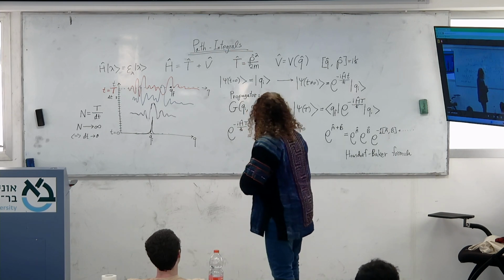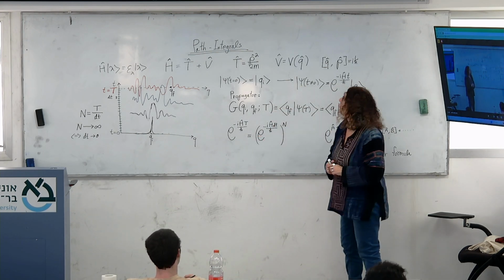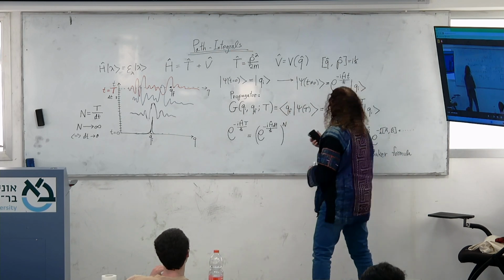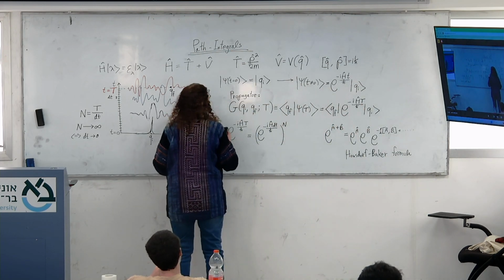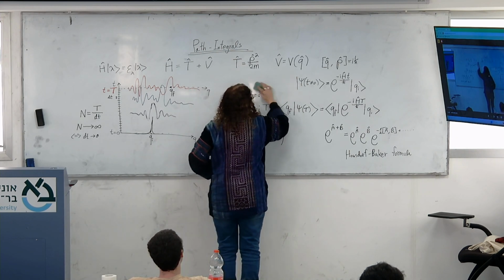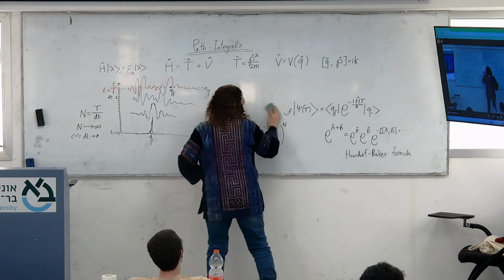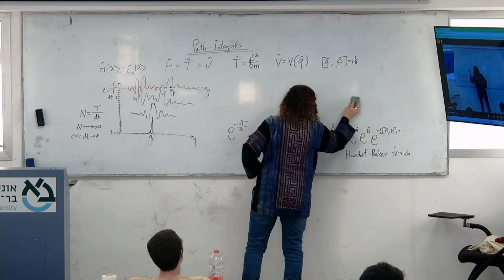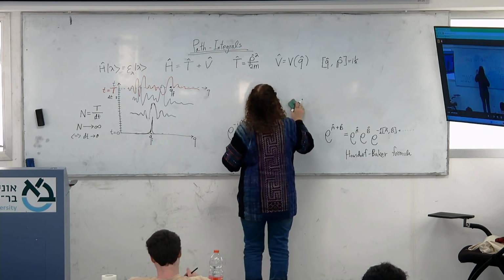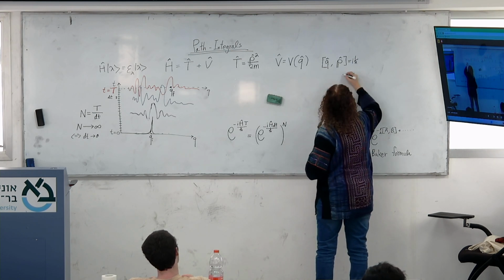Okay? Now let's look at each of these time steps and see what we can do with it. So I think I can erase this. Let me just write down the definition here somewhere.